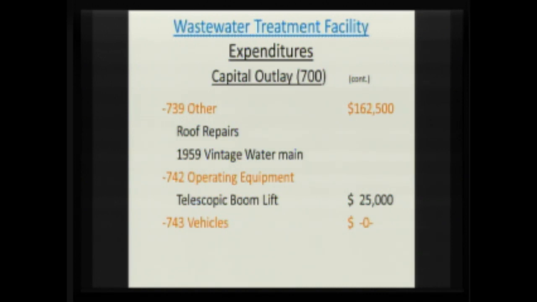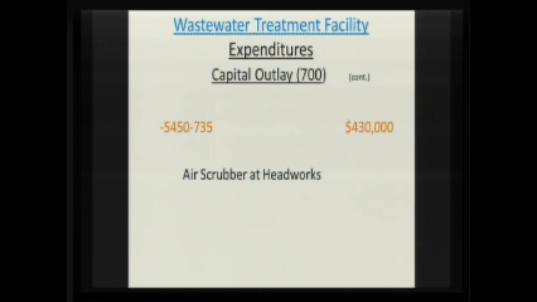Next slide, please. We do have a 5450. I can't remember why that is as opposed to 5402, but I think we have $430,000 in there. That's actually a carryover. This year we had $475,000 to do the air scrubber at the Headworks building.